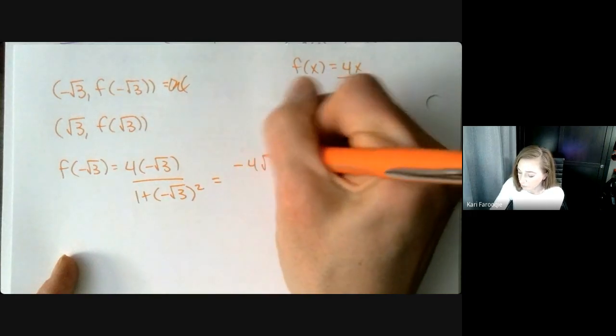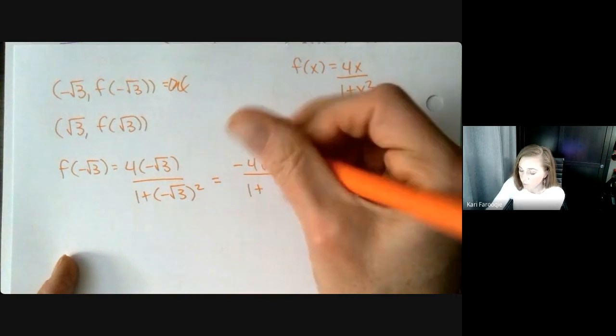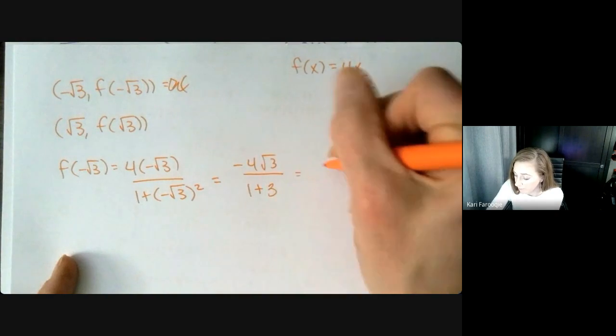This is negative 4 times the square root of 3 divided by 1 plus, well, negative root 3 multiplied by itself is just positive 3.